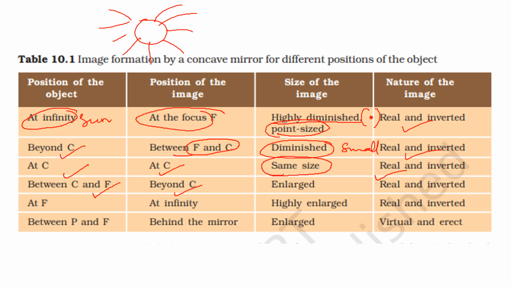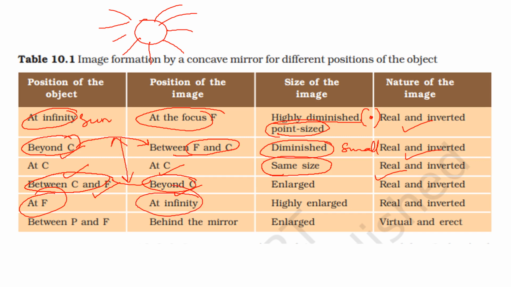When the object was beyond C, the image was formed between F and C. When the object is between F and C, the image is formed beyond C. Can you see the relationship between both of them? Same way, there is a relationship between these two also. Means both are opposite of each other.